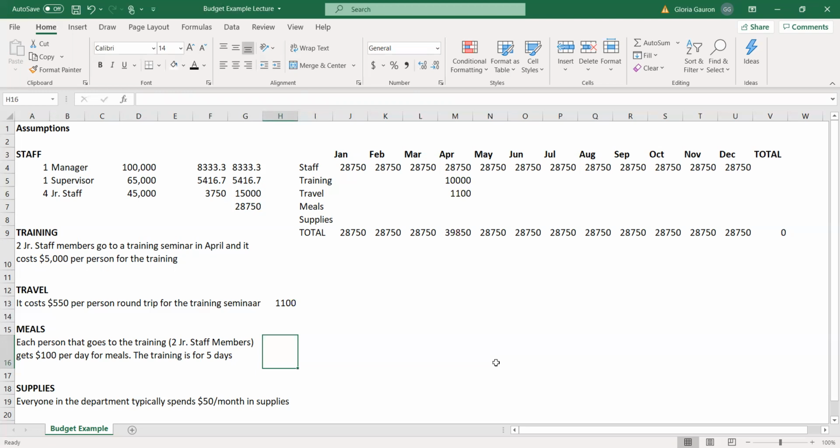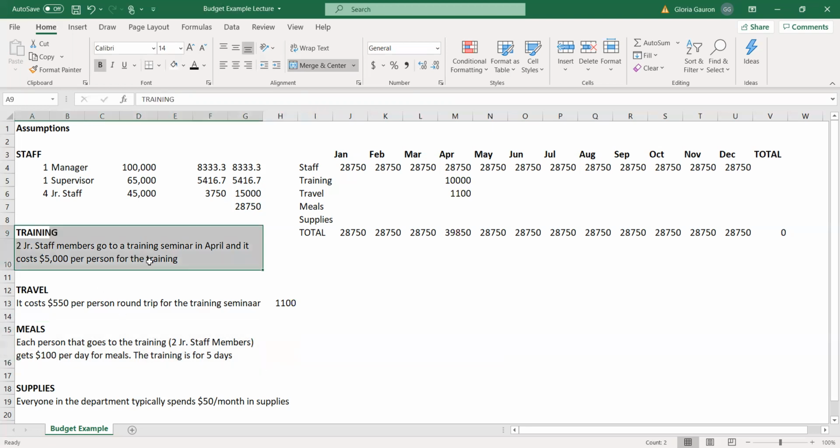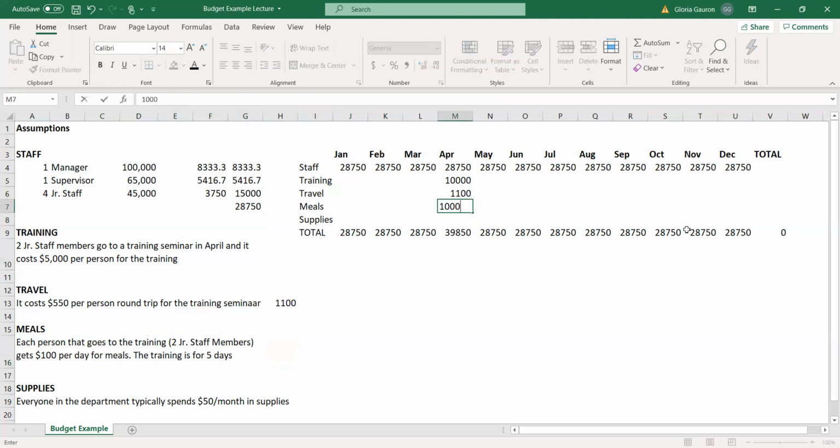The second person would also get $100 a day for meals for 5 days. So that total would equal $1,000. Again, this is all associated with the training that's going to occur in April, so I'm going to take that $1,000 and put it under the month of April.